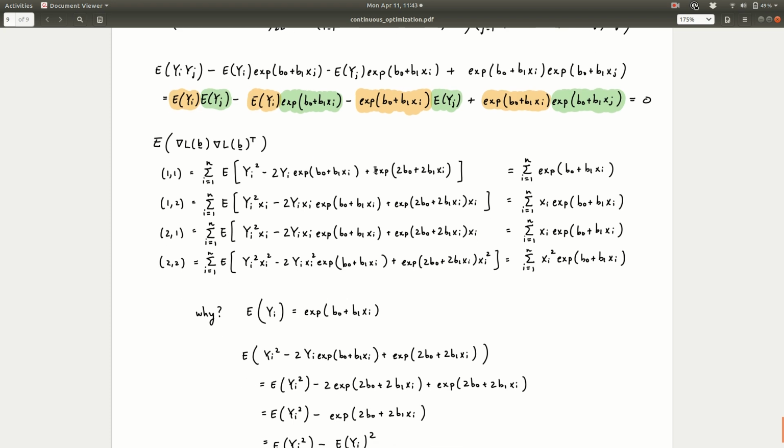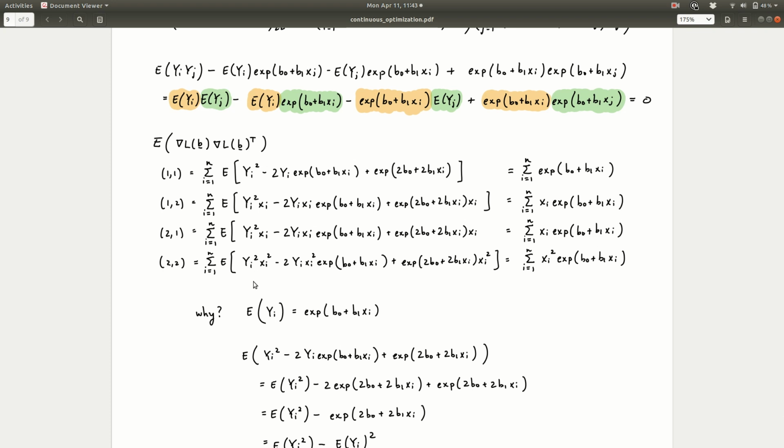So that's what this is. And these are the four terms. Basically, the second one is the first one times xi each time, that's the same as the second one, and the 2,2 entry is the same as this, except multiplied by xi squared each time. So you can verify that, but this is the formula.